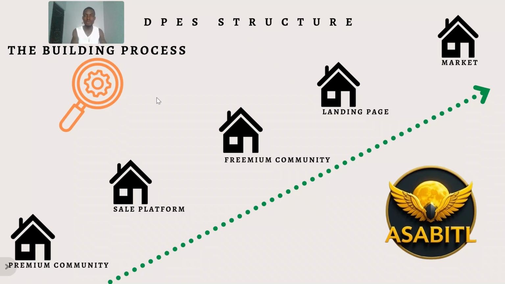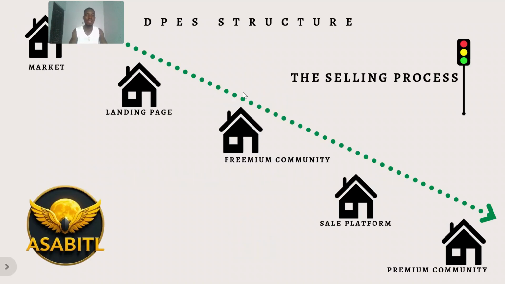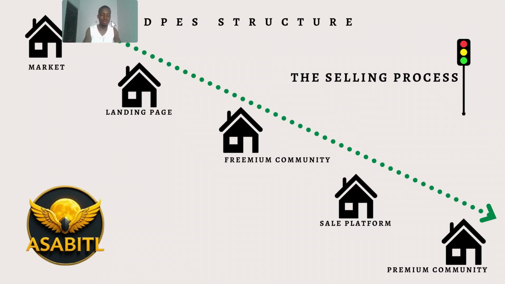This is the structure they use to build a sustainable business that runs on autopilot. If you understand what autopilot is, once you set it up, you don't go back to it again. It runs on its own, and that is how you keep making money consistently, as long as you set everything correctly. So let's go quickly and see what we have next.